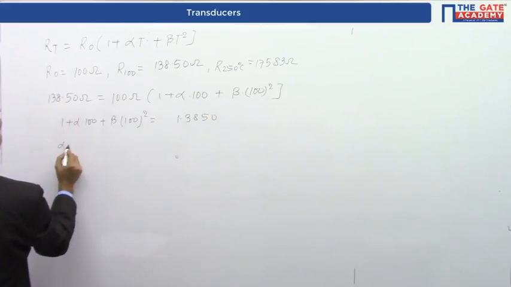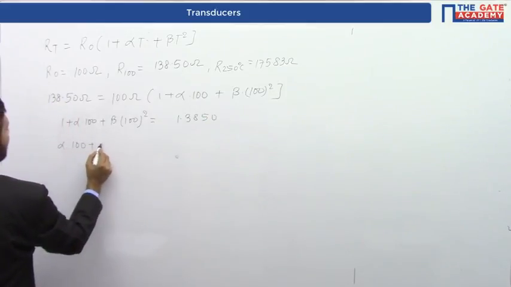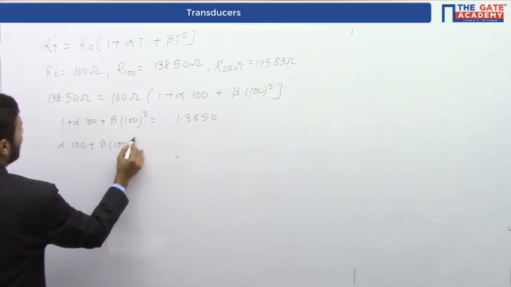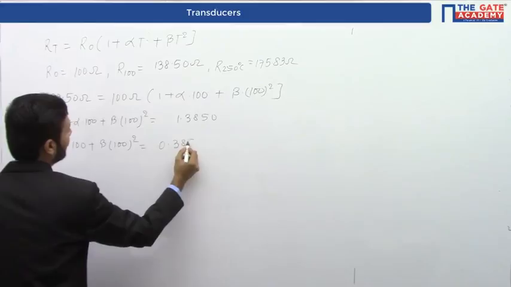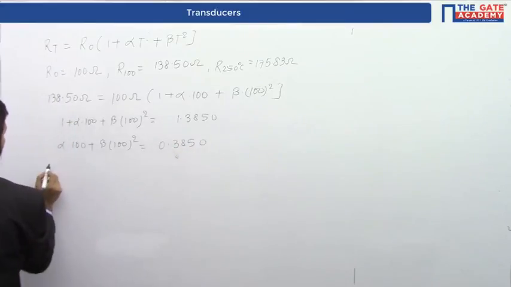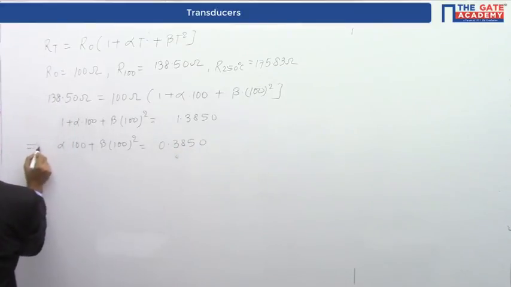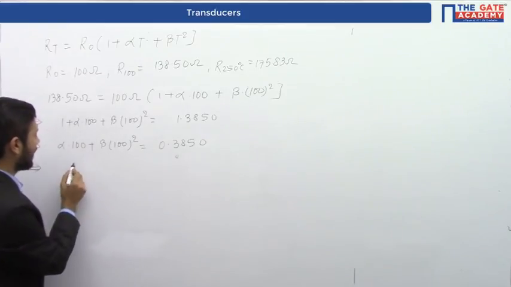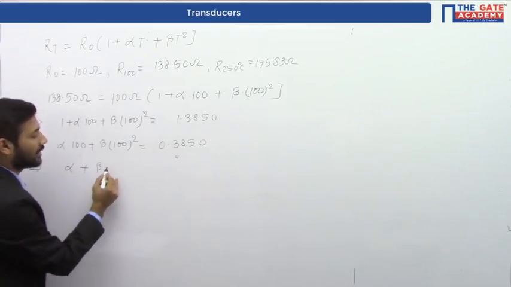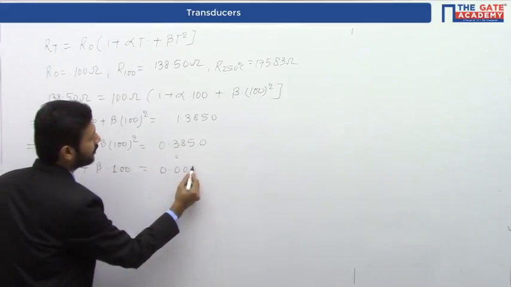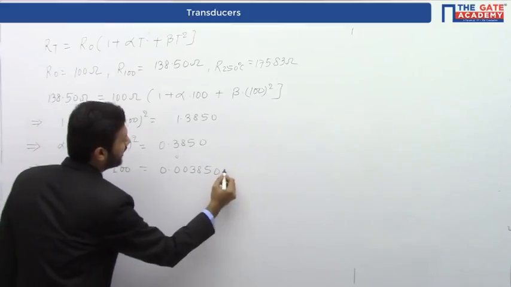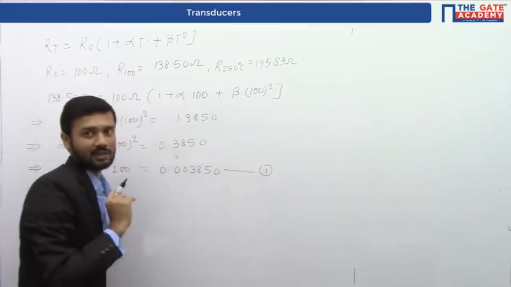Now alpha into 100 plus beta into 100 square is equal to 0.3850. So we can write it as alpha plus beta into 100 equals 0.03850. Suppose this is our first equation.